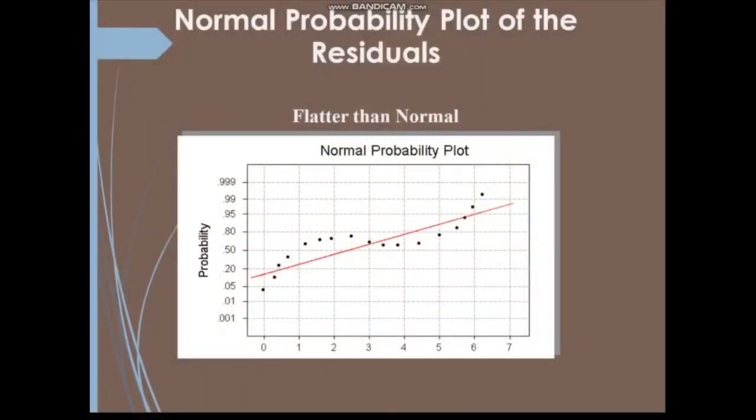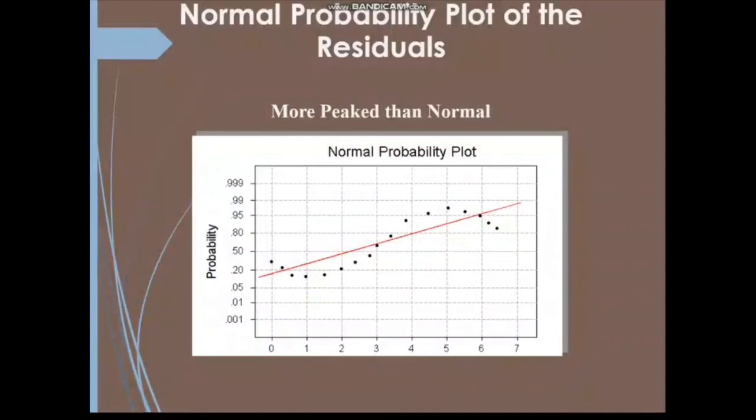Now we will discuss the normal probability plot of the residuals, and we will discuss the graphs. First, this is the graph for the probability that is flatter than normal. And then this is the graph for the probability that is more peaked than normal.